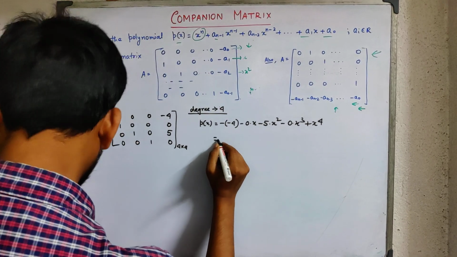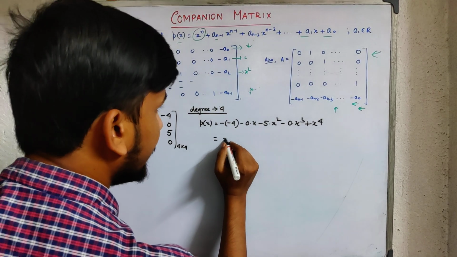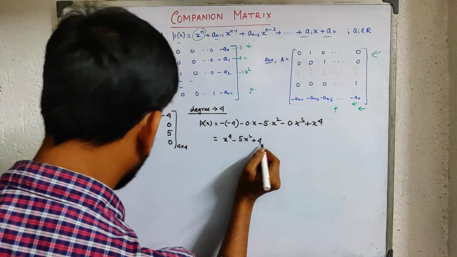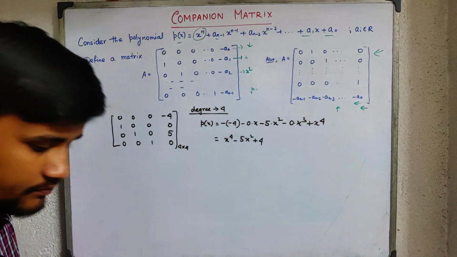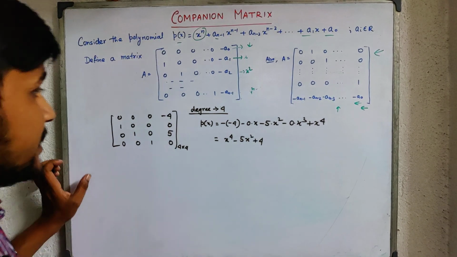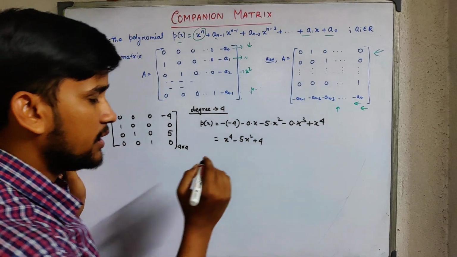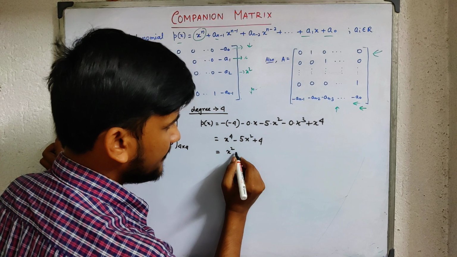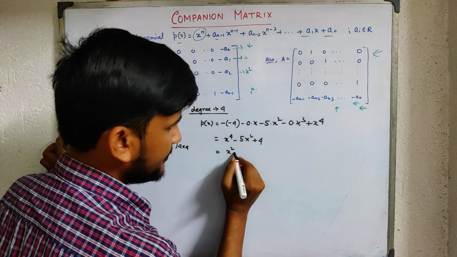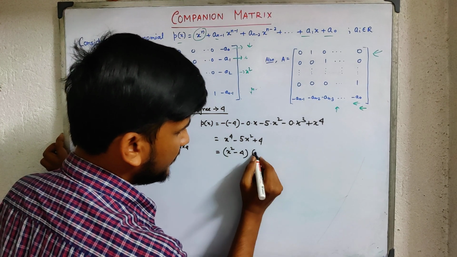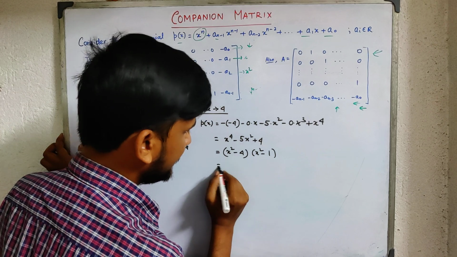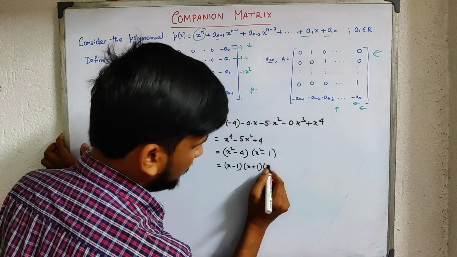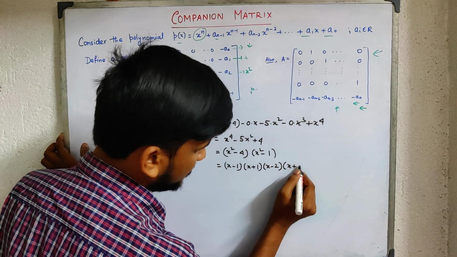That is, it becomes x to the power 4 minus 5x square plus 4. Yes, I'm writing it correctly. Now we can write this as (x square minus 4)(x square minus 1), that is (x minus 1)(x plus 1)(x minus 2)(x plus 2).